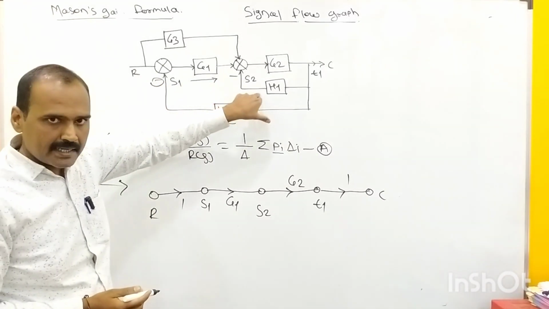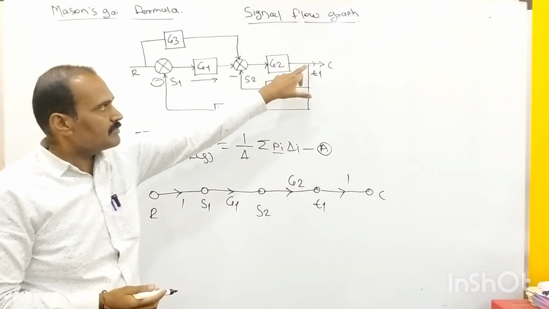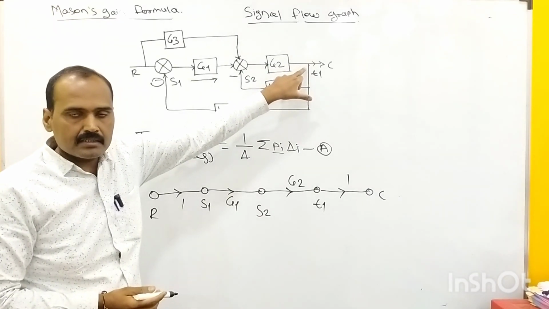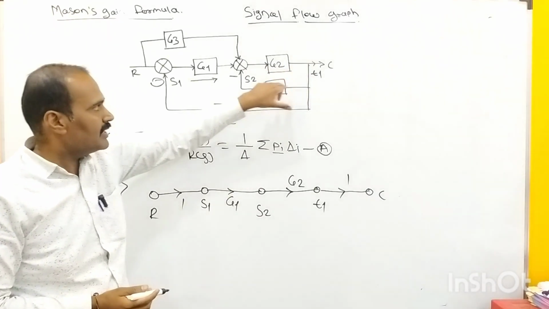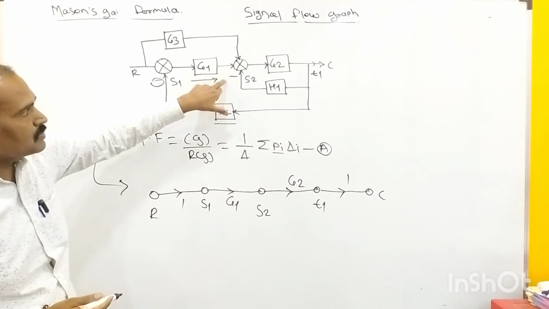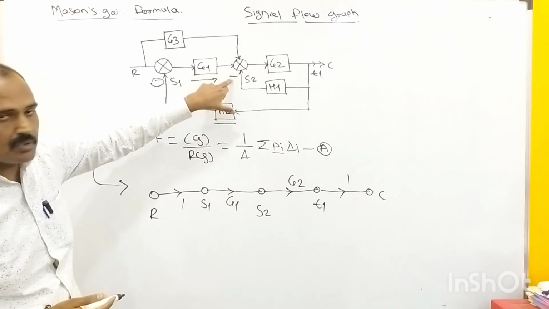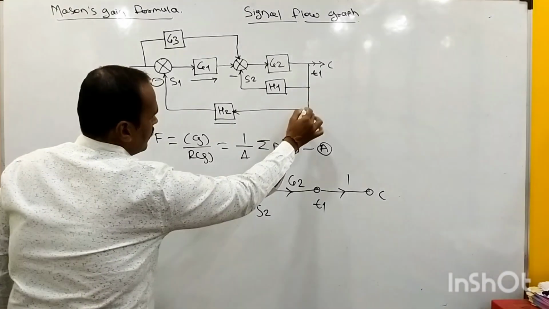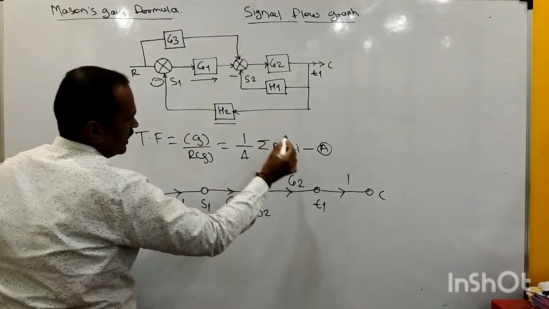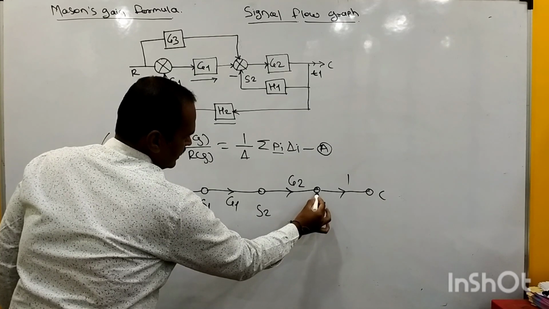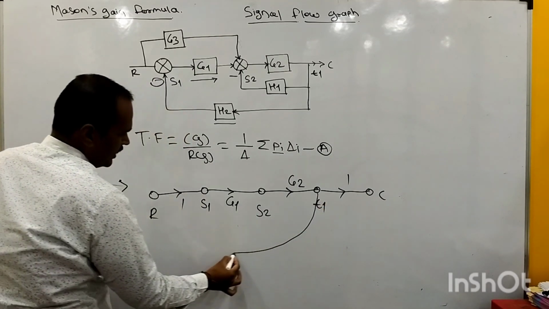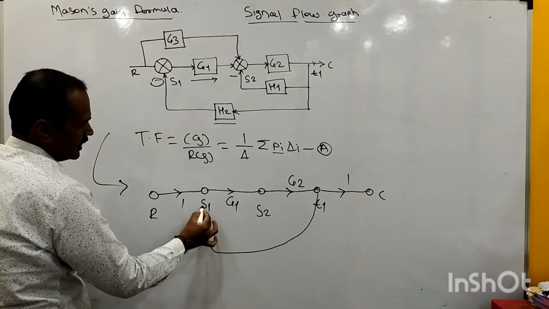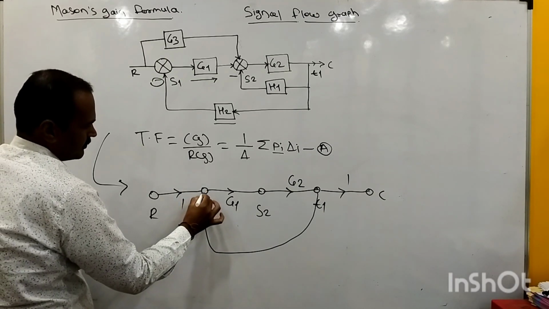The innermost feedback again starts at takeoff point number 1, and it is terminated at the lower terminal of summing point number 2 with this negative sign. So first we consider the outermost feedback. It starts from this T1 and is terminated at this S1, right?